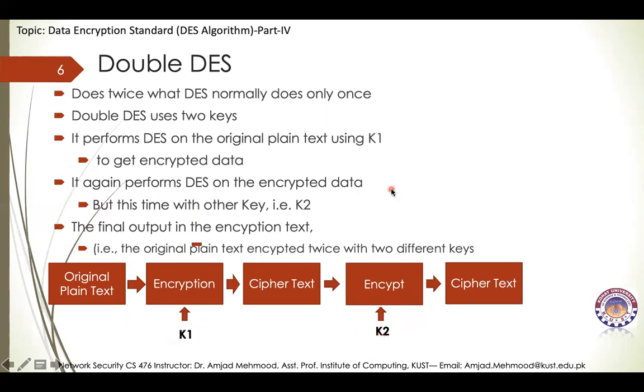So you may guess that you have 32 different keys, 16 within K1 and 16 within K2. So 32 sub keys will be used to encrypt the data, and finally you receive the final cipher text.